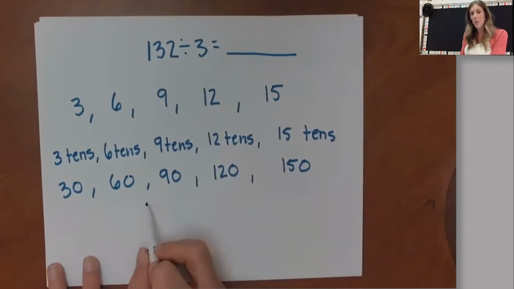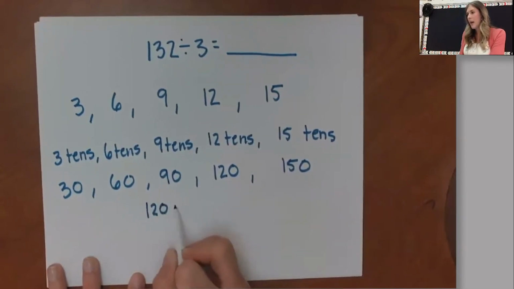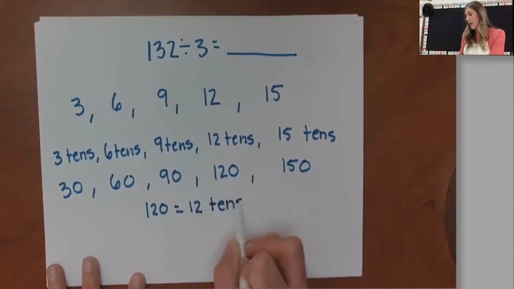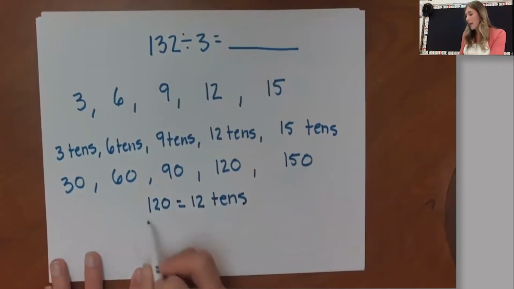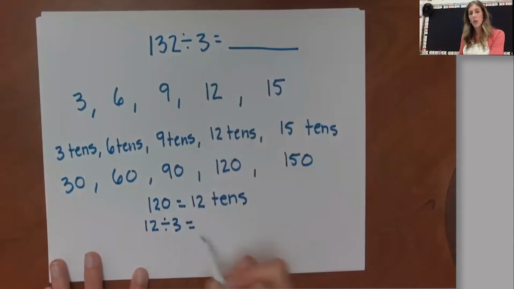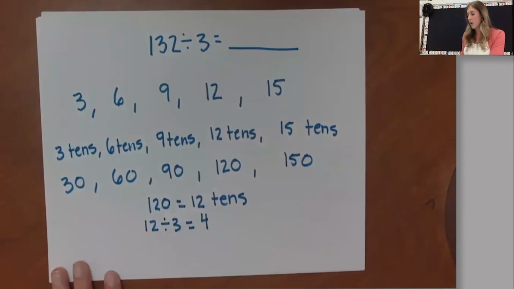So we know that 120 is the same as 12 tenths. We know that 12 divided by 3 is equal to 4. Very good. So we can use that basic fact to help us solve this.